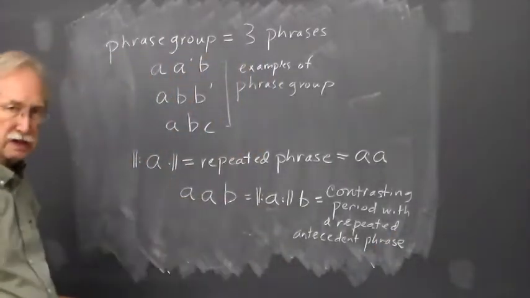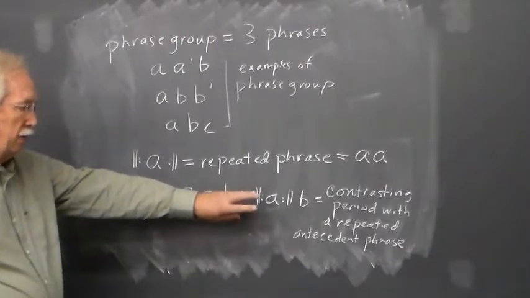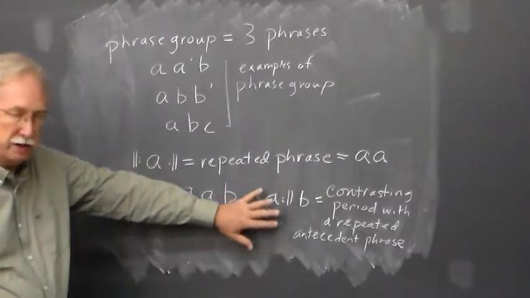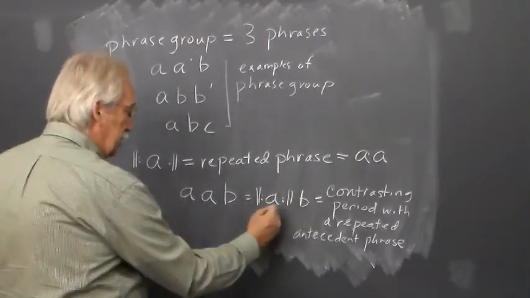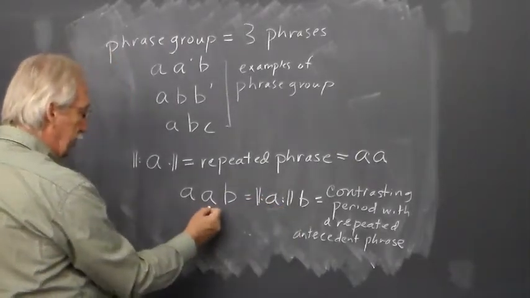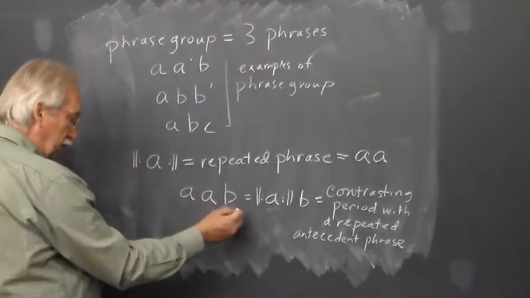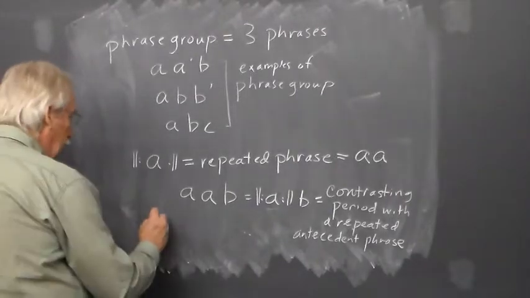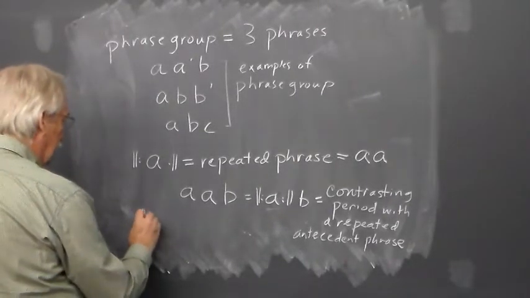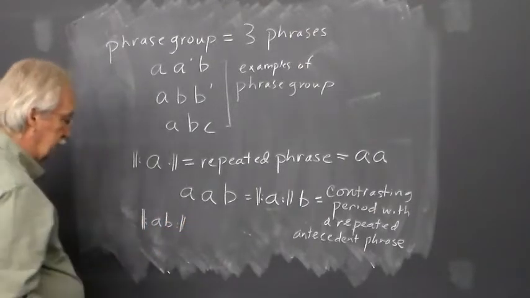Okay, so that's a basic idea that we're going to apply at both this level of having repeated phrases, whether it's written with repeat signs or whether it is exactly the same and it's just written out repetition. It can also occur within this context of the period unit.